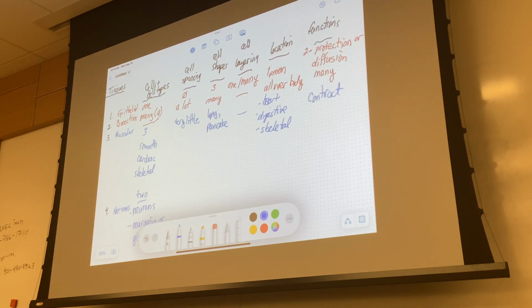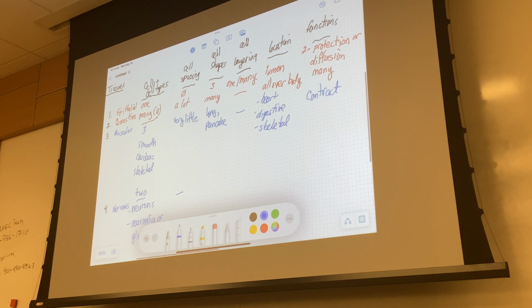Here we don't really talk about cell spacing. The cell shapes are either a classic cell shape, in other words they look like a cell that I just drew, or they have many, many cell extensions. Which cell, neurons or neuroglia, has many extensions?